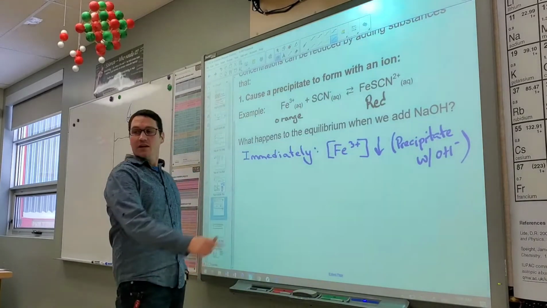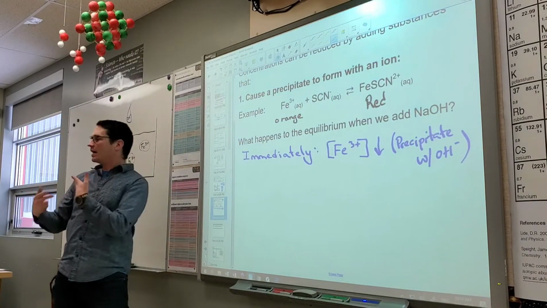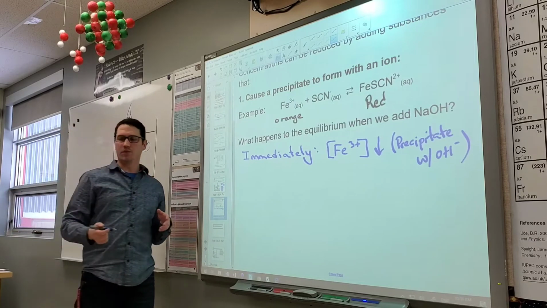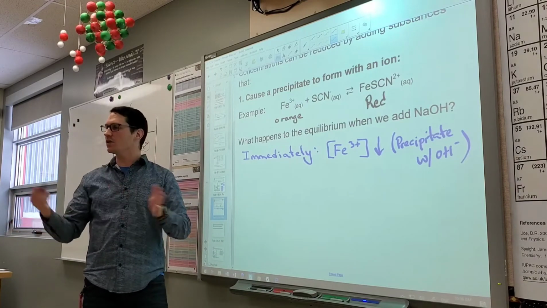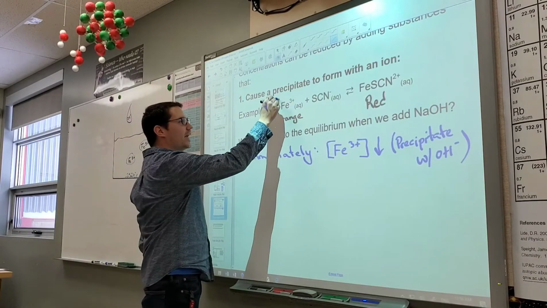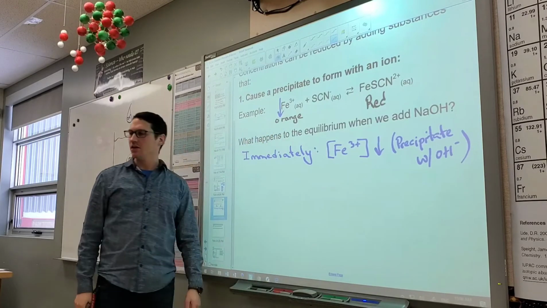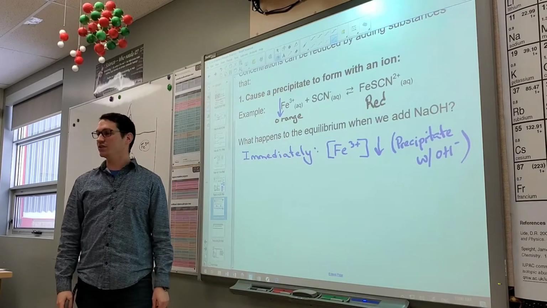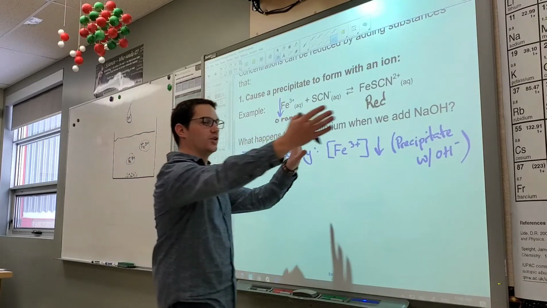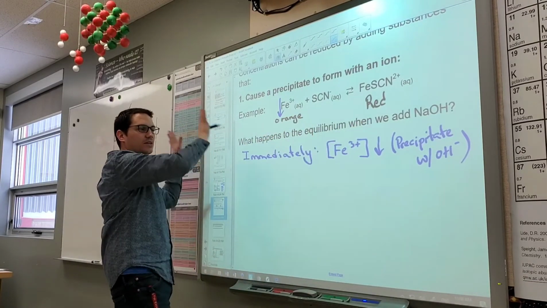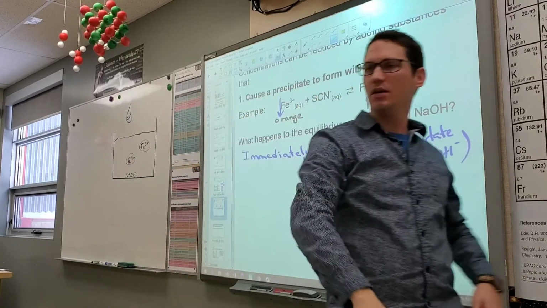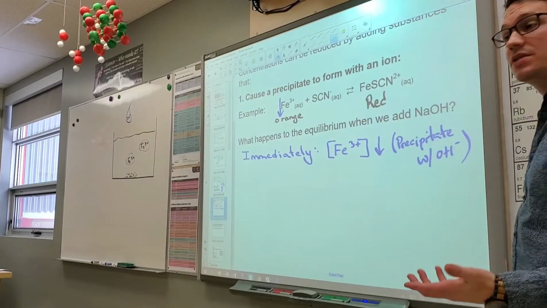Okay, now this is the way I like to do Le Chatelier's principle problems. I like to draw arrows on my reaction. If I decrease this, which way is our reaction going to shift? Is it going to shift towards the reactants or towards the products? It's going to shift towards the reactants.